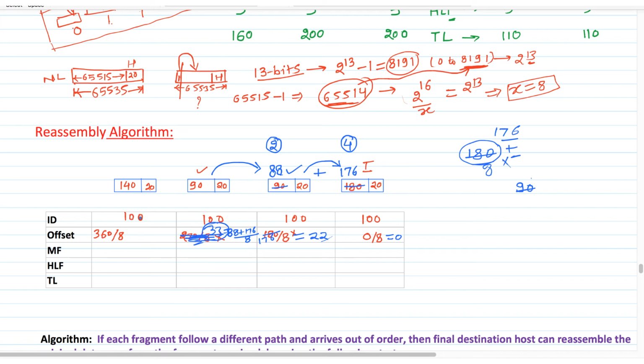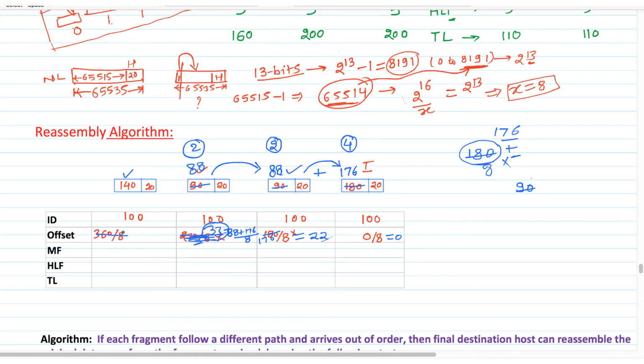To calculate the offset value for this last fragment, again this 90 becomes 88, 2 data bytes left from this fragment. Now the total data bytes ahead of this fragment is 88 plus 88 plus 176.